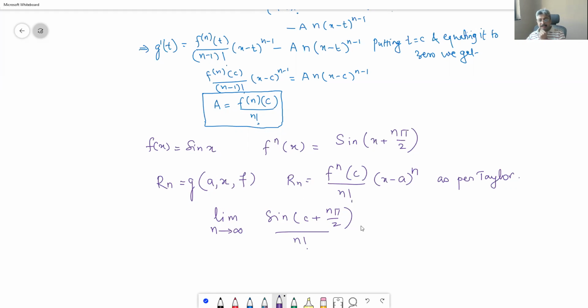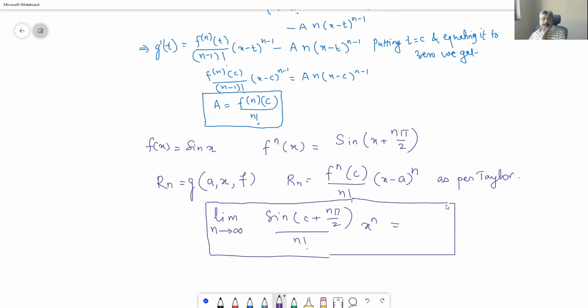Near 0 we are studying, so it will be x raised to n. What is the future of this limit? If we could evaluate that, then we will be able to successfully say that the series expansion of sin x, whatever we have written a couple of lectures before, is legal and we can use it.